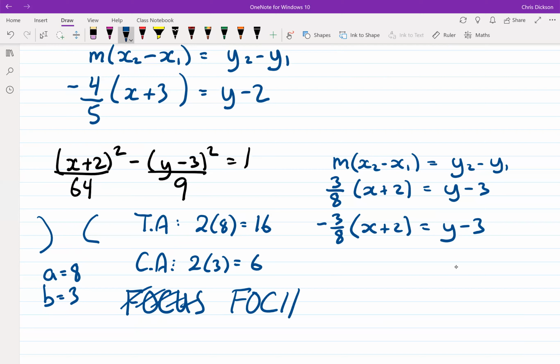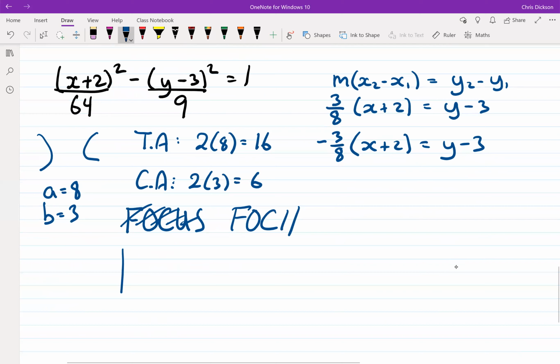Okay. So first of all, I have to get an idea how this thing's oriented. Actually, I don't even need the crosshairs. Let's just draw the hyperbola like this. So I know it opens that way, and I know the transverse axis would run like that.